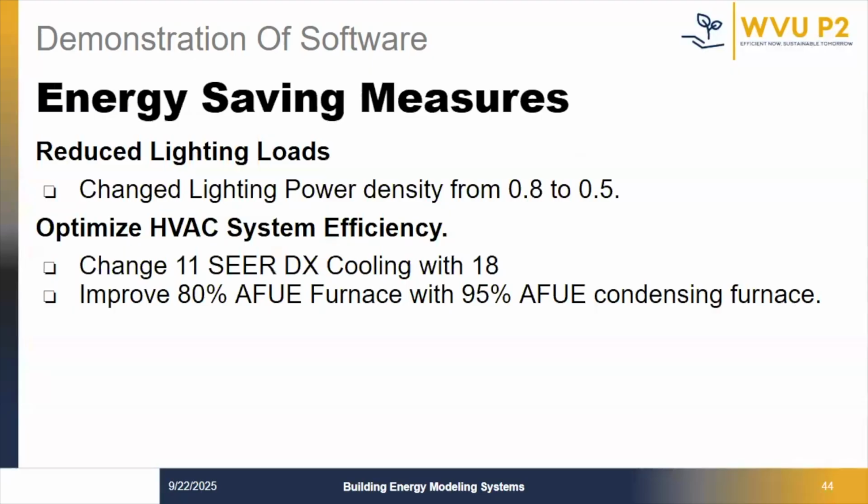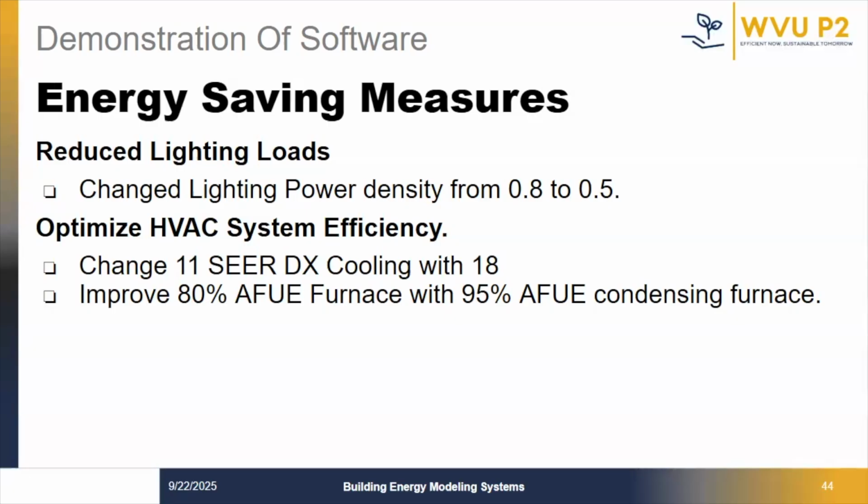So, we have implemented two key energy saving strategies that demonstrate significant potential for the Charleston building that we have taken as an example. Firstly, we reduce the lighting power density from 0.8 watts per square foot to 0.5 watts per square foot by upgrading to high efficiency LED fixtures with smart controls, which helps reduce both lighting energy and cooling loads.